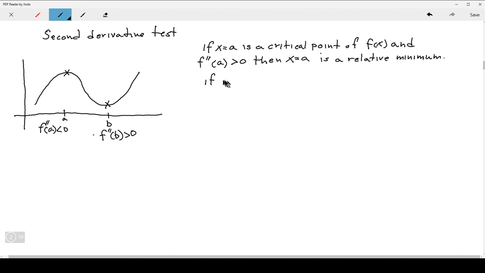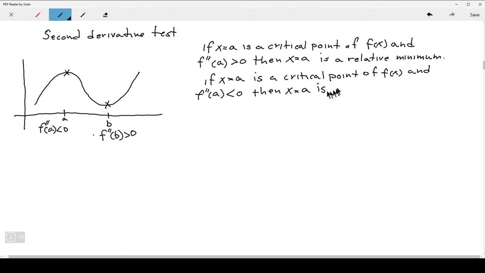If x equals A is a critical point and f double prime of A is less than 0, then x equals A is a relative maximum.